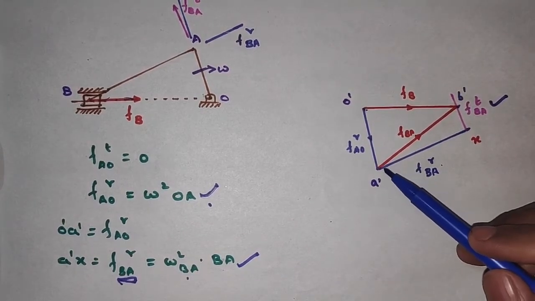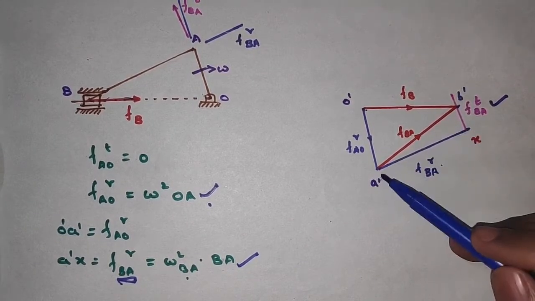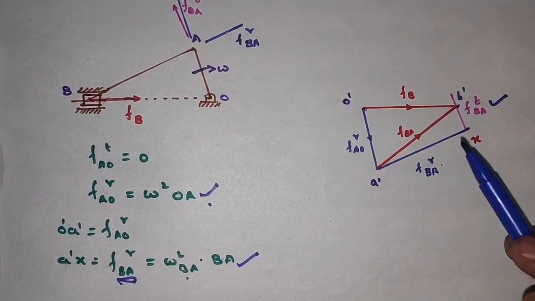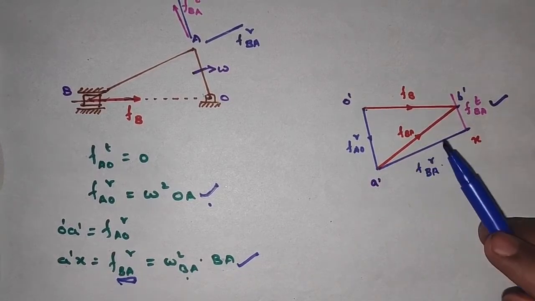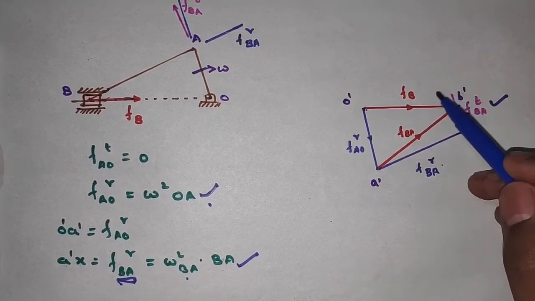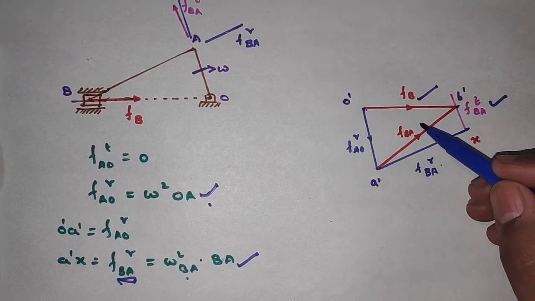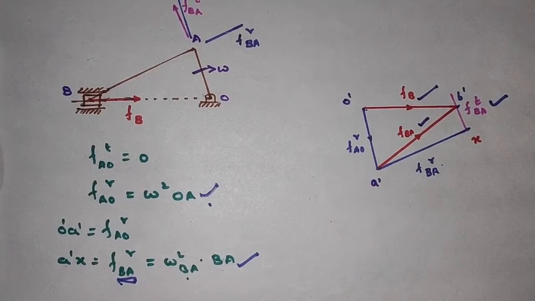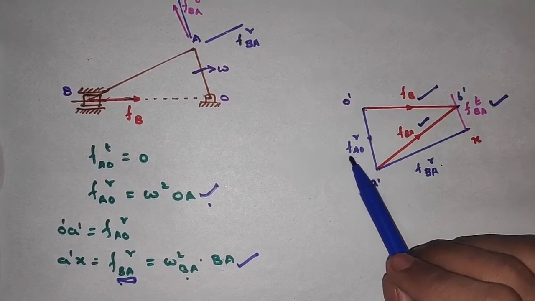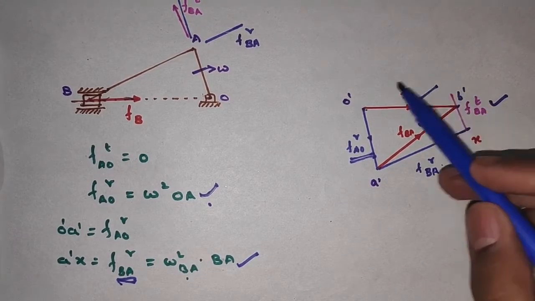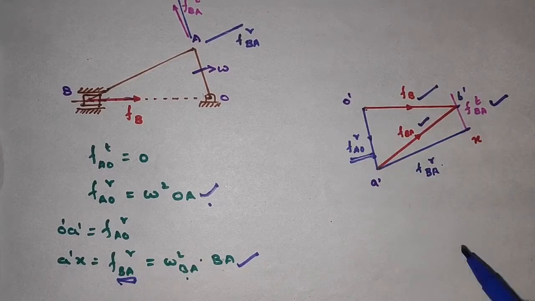Also, we can get the total or resultant acceleration of link AB by joining the vector A dash B dash. With this, we can get the acceleration of the slider, the magnitude of acceleration of the connecting rod, and also the magnitude of acceleration of the crank. The diagram which we obtain here is called the acceleration polygon.